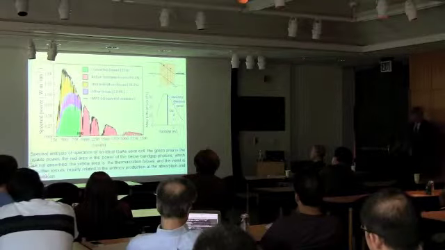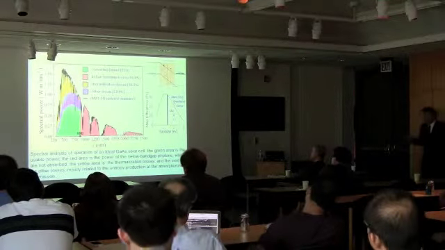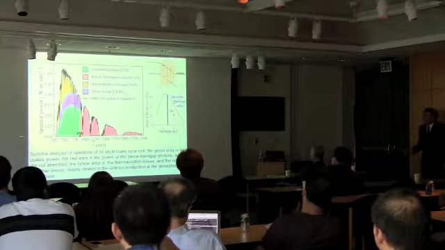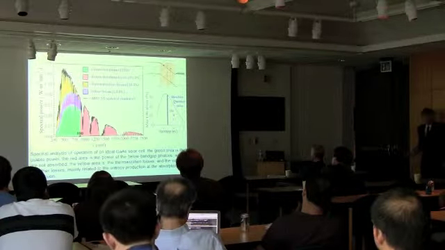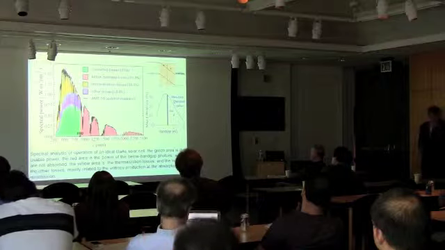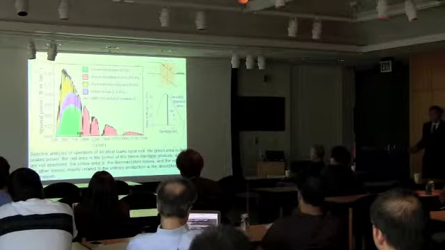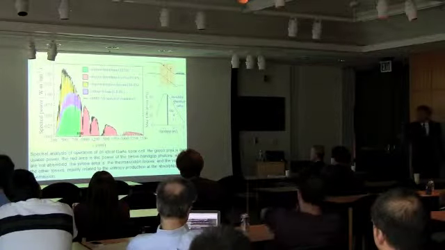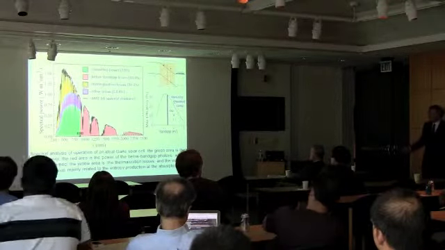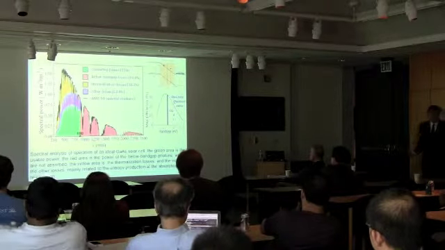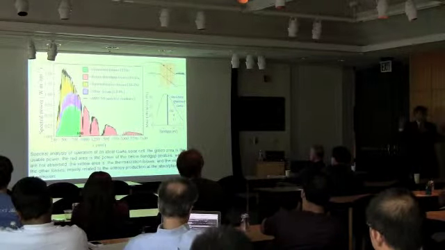For each semiconductor material, I show here a case of gallium arsenide. This is the solar spectrum. This is what we get on the Earth. And this is the wavelength of this light coming from the sun. If we were in vacuum somewhere above the Earth, then of course it would be a smooth curve. But these windows are absorption of light by the atmosphere.